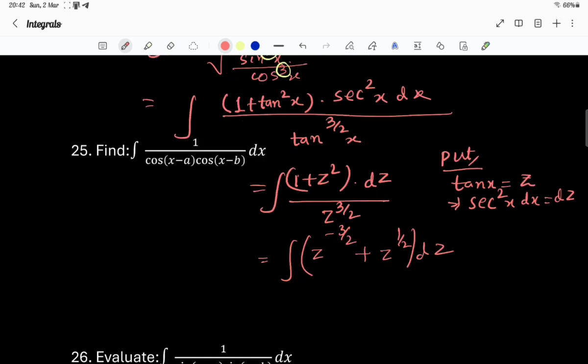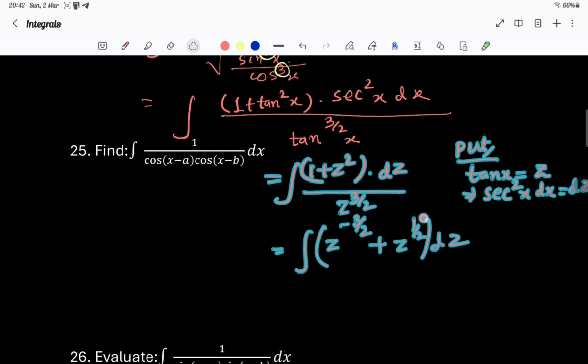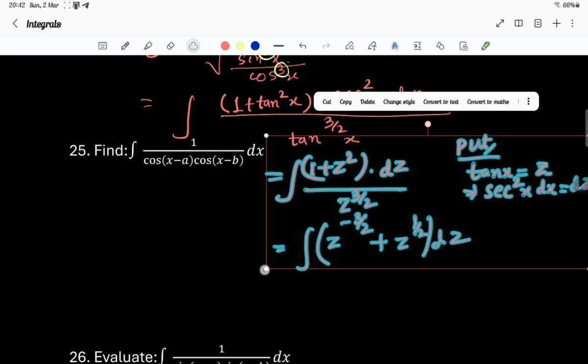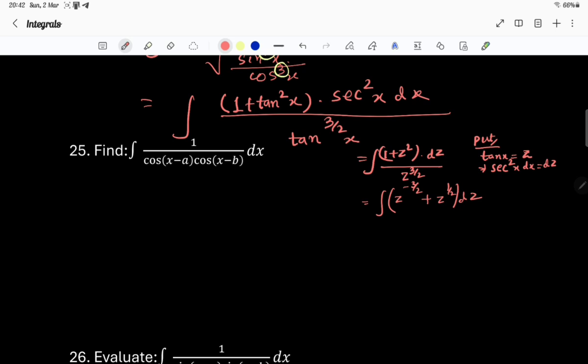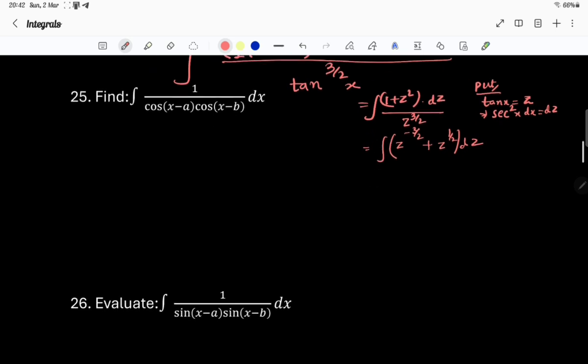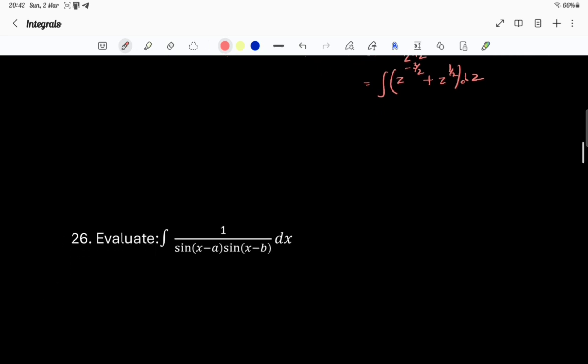Now 25 and 26 are the same type of question. Okay, let's see. So 25 number has in denominator cos x minus a and cos x minus b. And in the 26 number question, see, sin x minus a into sin x minus b.